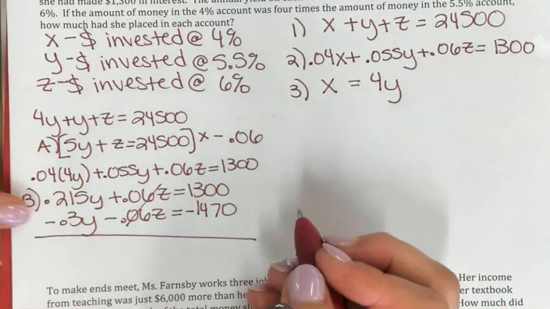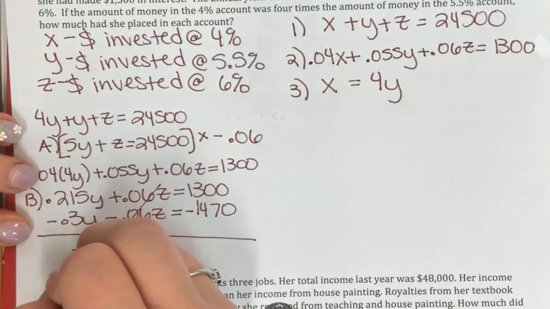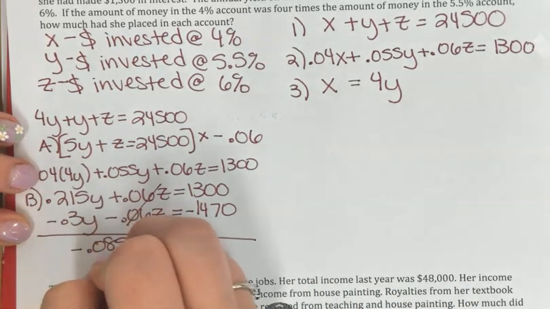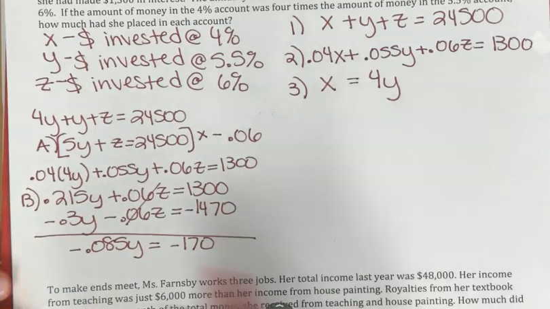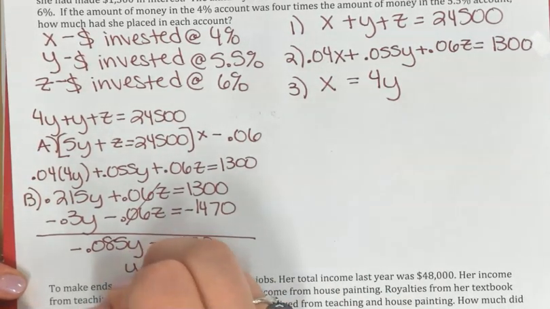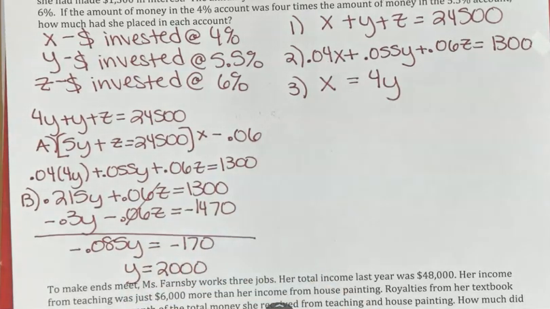So these cancel. 0.215y minus 0.3y is going to be negative 0.085y, and that will be equal to negative 170. After I divide, I will get that y is 2,000. Okay.